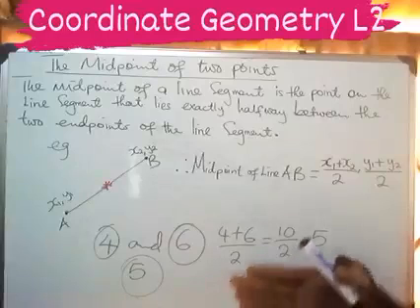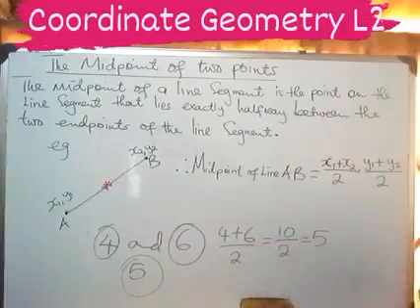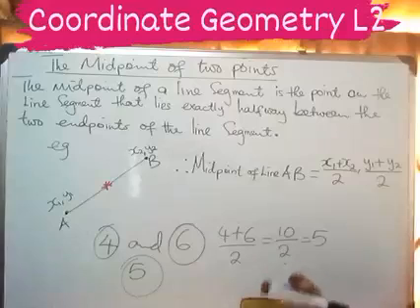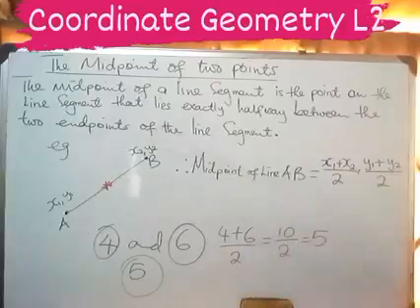Then comma, y1 plus y2, then divided by 2. That is the way we find the coordinates of the middle point of a line segment.